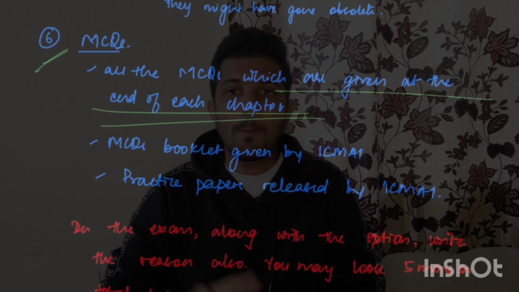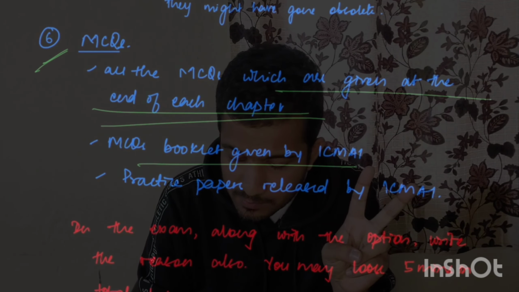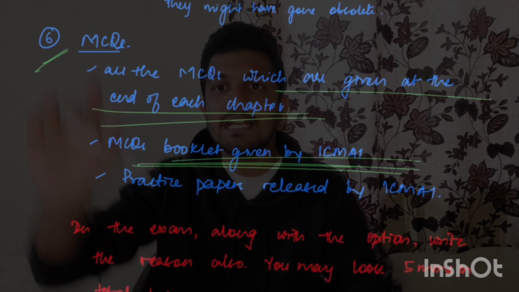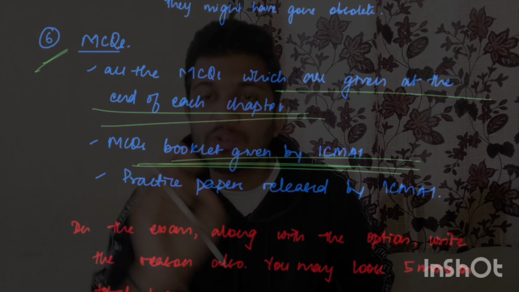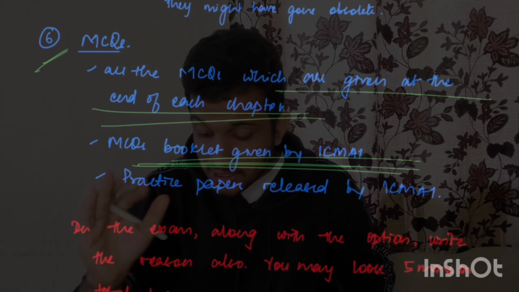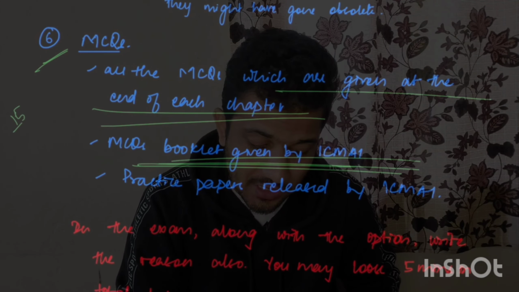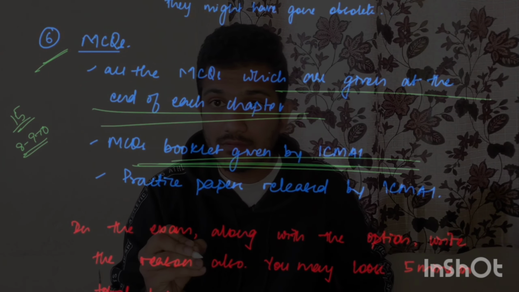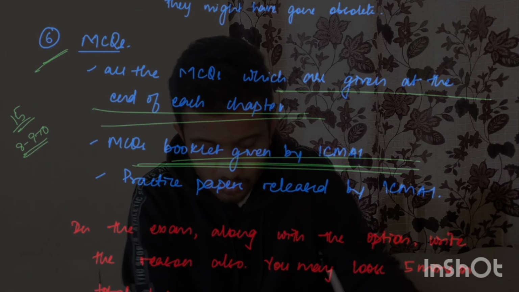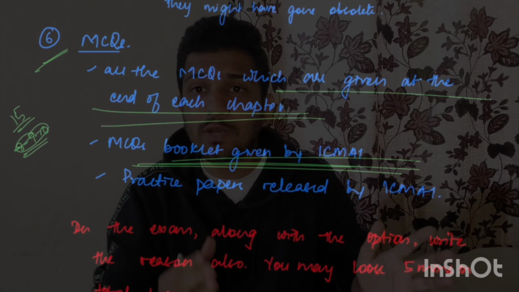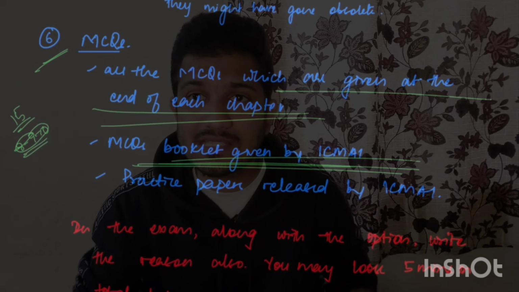Point number one. Point number two, the MCQs booklet, whichever is given by ICMAI, that has to be solved. Again, direct questions can be given from that booklet as well, right? Trust me, out of your 15 questions, at least 8 or 9 questions directly from the books can be given.